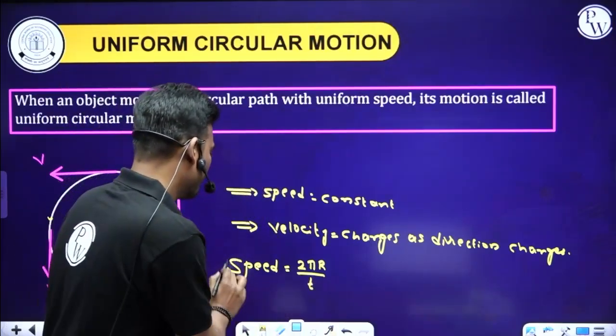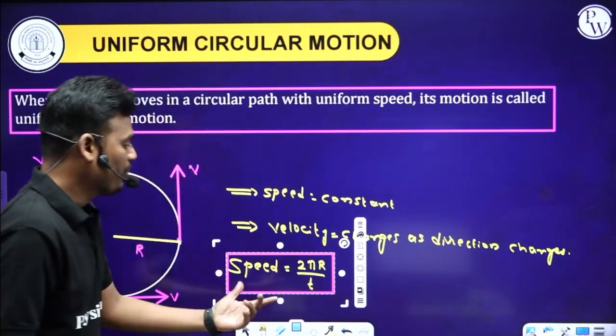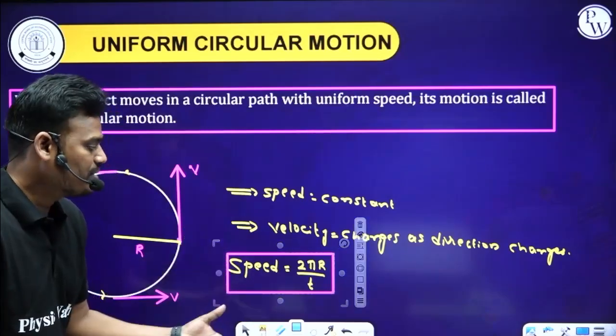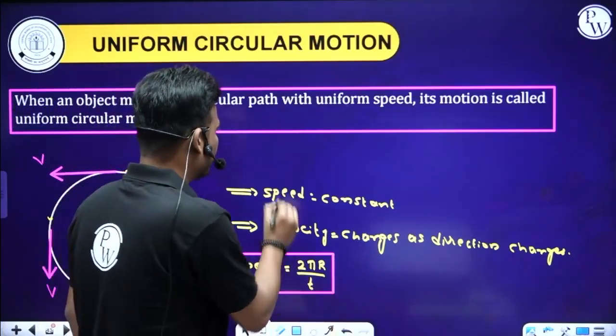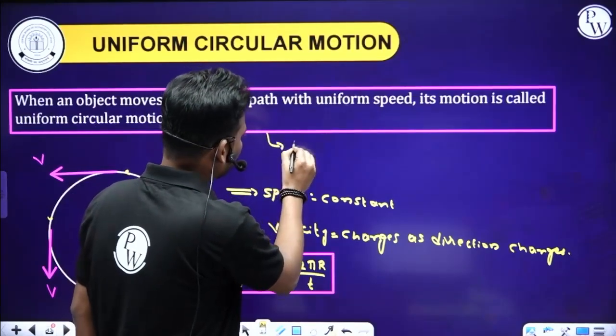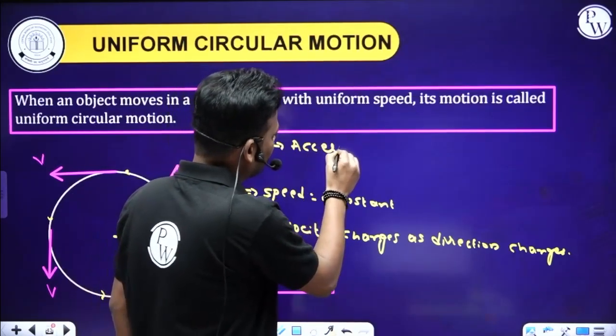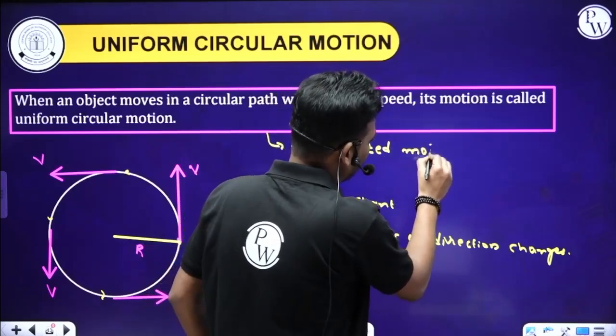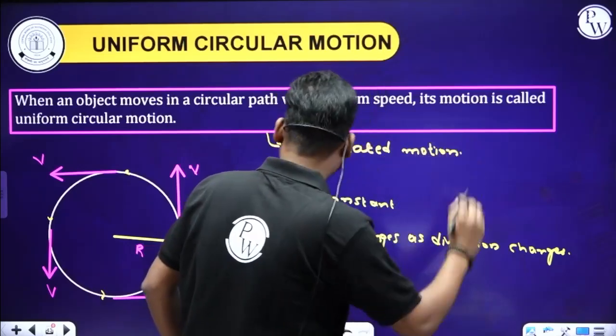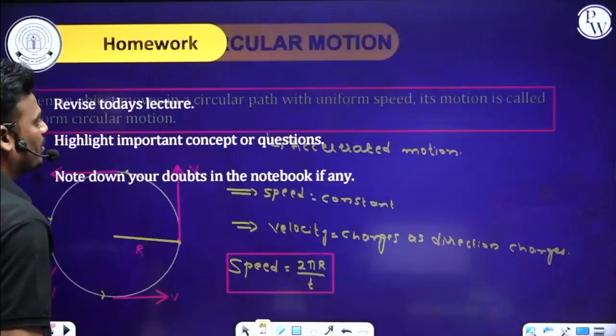So this is how we can calculate speed. What about velocity? The magnitude is the same but the direction keeps on changing. Therefore this is accelerated motion. This is accelerated motion. Okay, right.